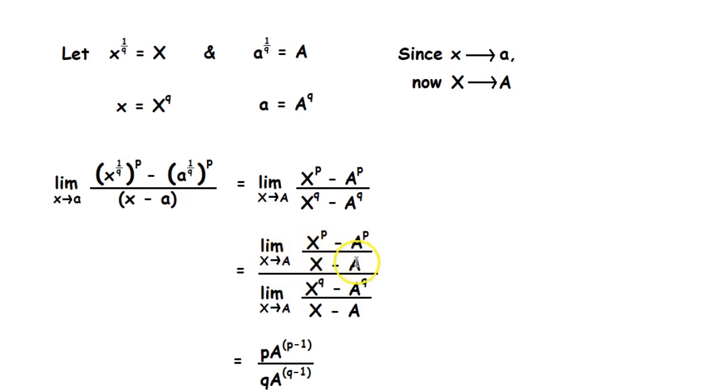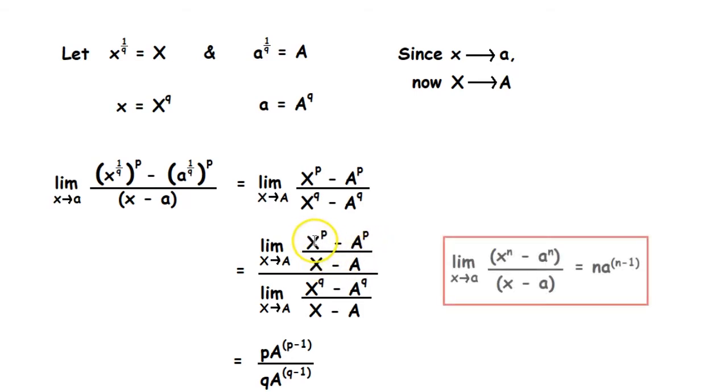So when we do this, we will get this in our theorem form, that is x to the power n minus a to the power n divided by x minus a. So both this numerator and denominator are in this theorem form. So we can use our theorem to simplify this.